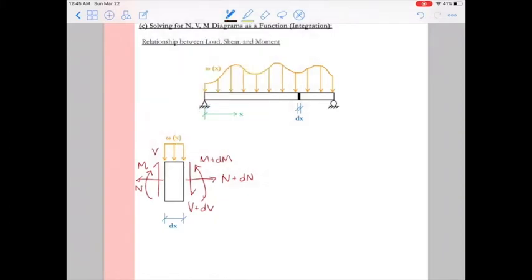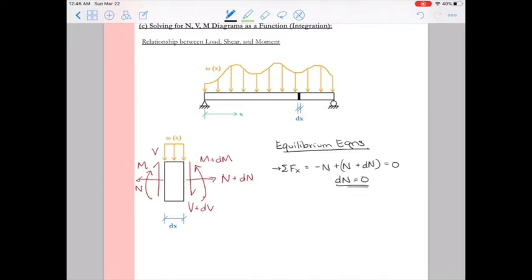Now, to come up with the relationship between shear and load and between moment and shear, I'm just going to do equilibrium on this little differential element. So if I sum force in the x direction, I see that I have negative N plus (N + dN), and that equals 0. So if I do some cancellation, that basically tells me dN equals 0.